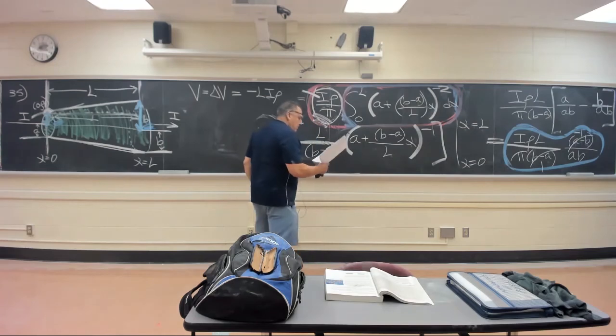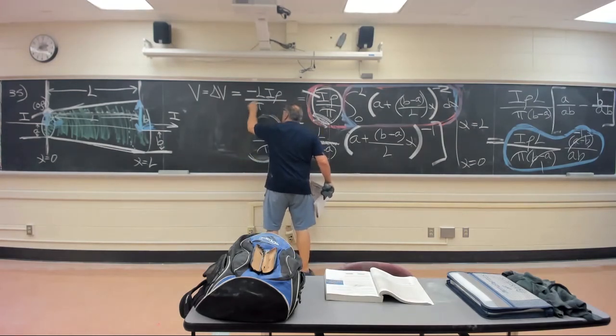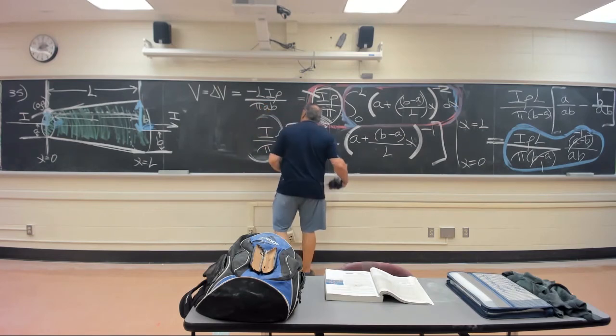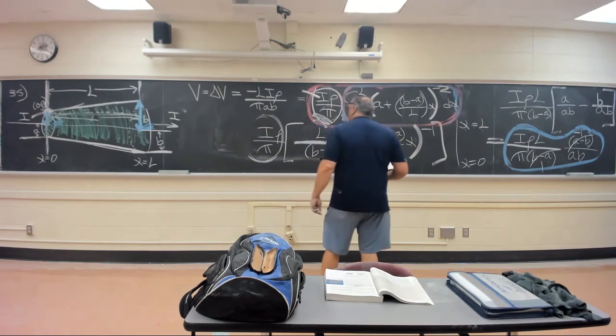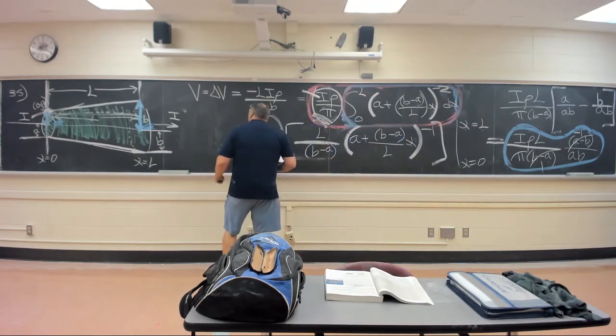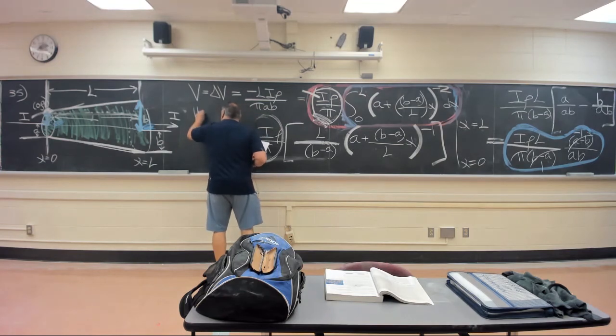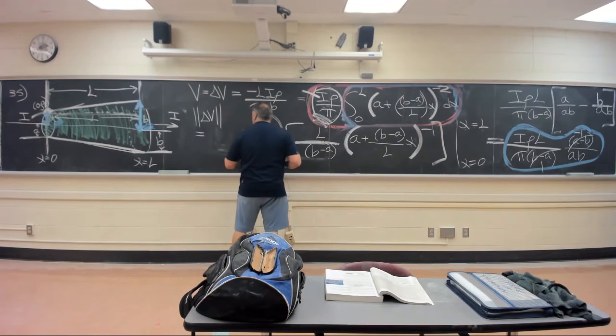Li rho over pi AB. True. What does that mean? That means the magnitude of delta V is a positive Li rho over pi AB.